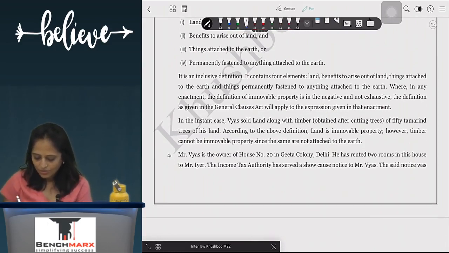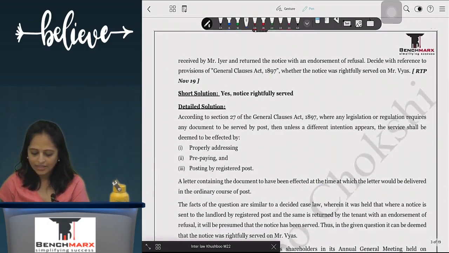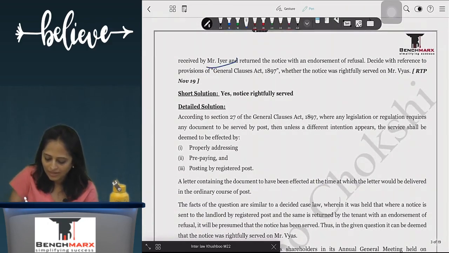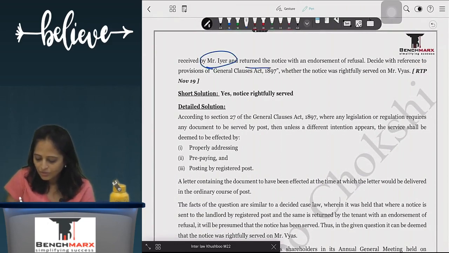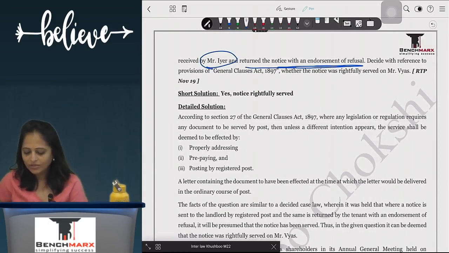Mr. Vyas is the owner of house number 20 in Geeta Colony, Delhi. He has rented 2 rooms in the house to Mr. Iyer. The Income Tax Authority has served a show cause notice to Mr. Vyas. The notice was received by Mr. Iyer and returned with an endorsement of refusal. Decide with reference to the provisions of General Clauses Act whether the notice was rightfully served on Mr. Vyas.